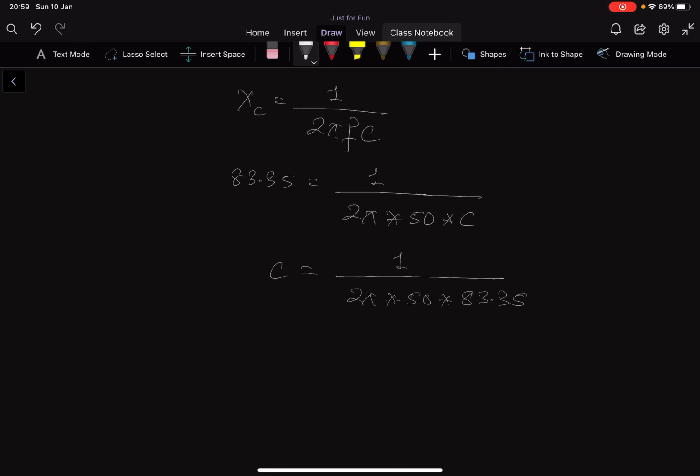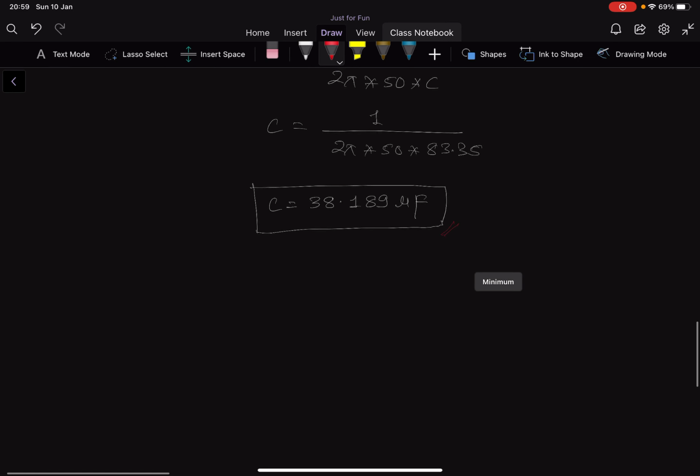Using a calculator, we get our capacitor value C equals 38.189 microfarad. And that's the value of capacitor which we must connect.